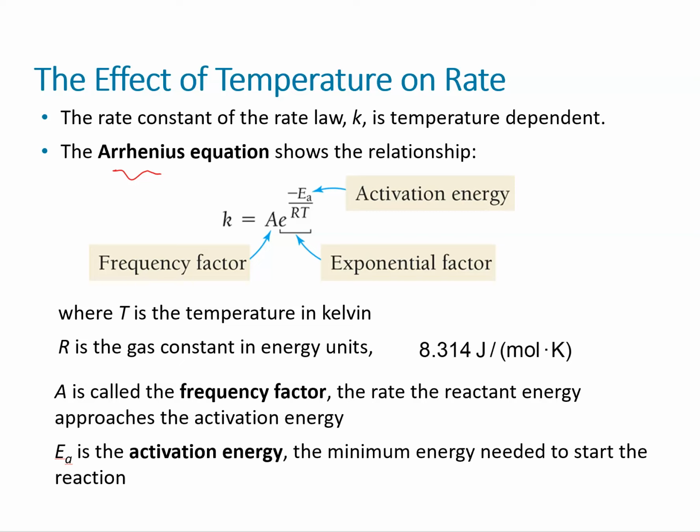The activation energy is the minimum energy needed to start the reaction, that barrier that must be overcome energetically for a reactant to become a product. We know what R is. It's our gas constant, 8.314 joules per mole Kelvin, and T is our temperature.